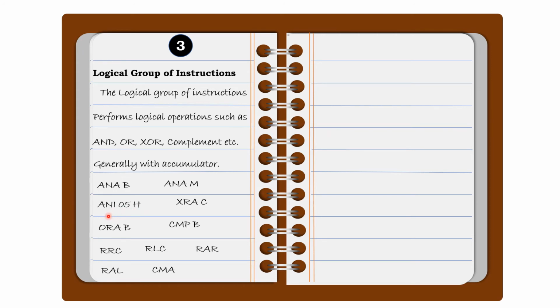ANI 05H is also a logical ANDing, but AND immediate 05 data with the accumulator. XRA C is exclusive OR register C with the accumulator. ORA B is the same as a logical OR gate, that is logical OR is applied between register B and the accumulator.